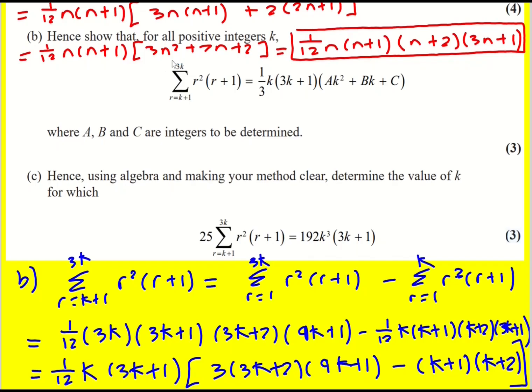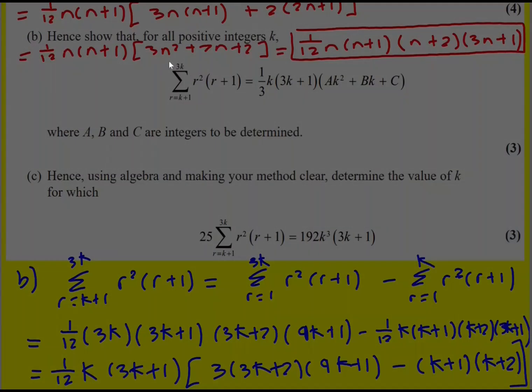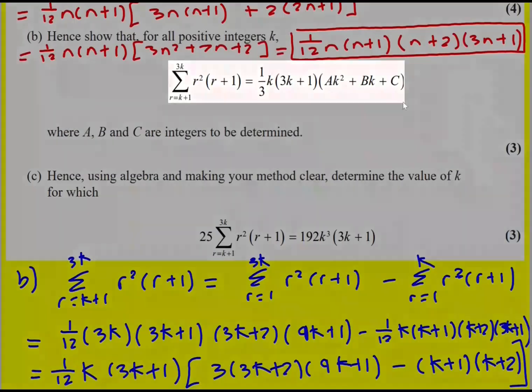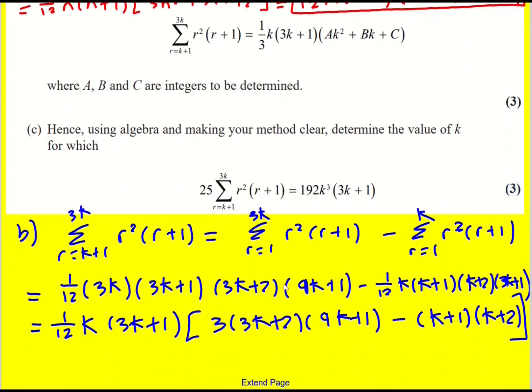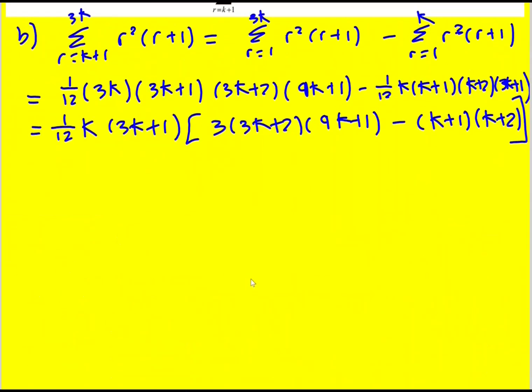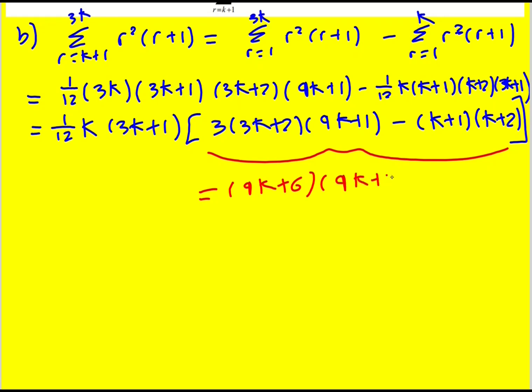Just going to bring this down. Oh, I'm going to get a quadratic. It doesn't really tell me much, does it, actually, if I bring this down? Let's just keep going. So I might now just focus on this bit. I'm going to get 9k plus 6 times that first bracket by 3, 9k plus 1, minus, let me expand the bracket here, k squared plus 3k plus 2.